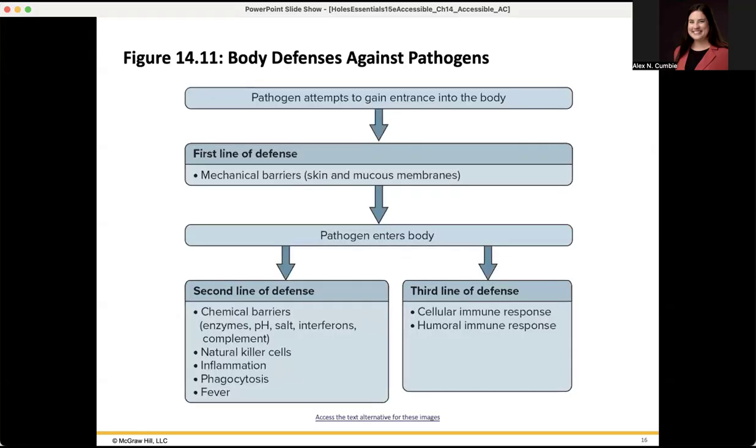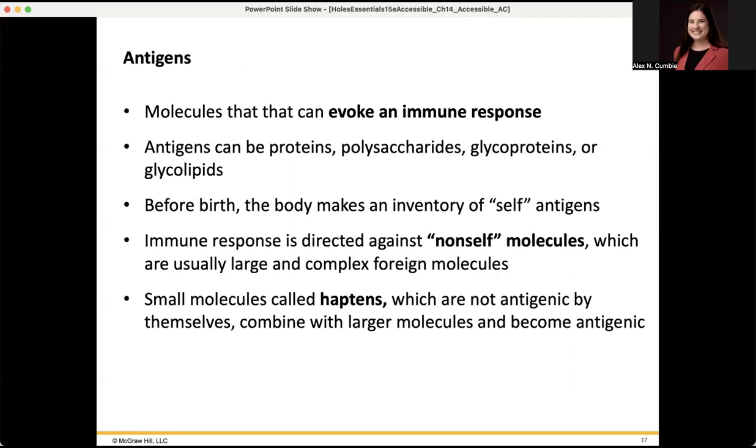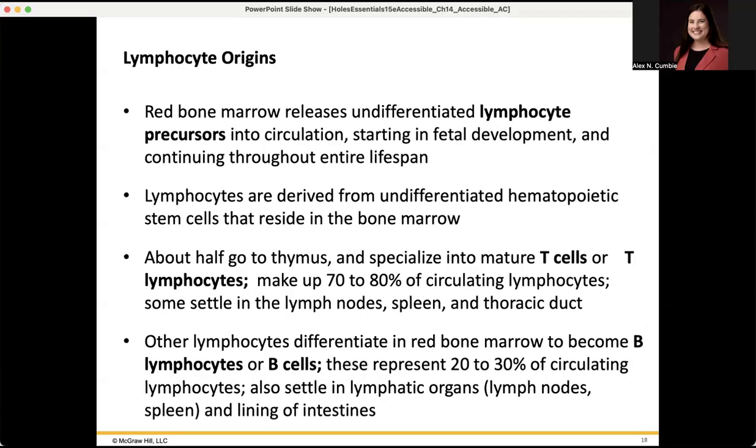So here's kind of that structure. This is a summary of what we've gone through so far. All right. And so we've got our antigens again, right? They're evoking an immune response. And so when we find that specific antigen, there are going to be cells, these lymphocytes, which are going to learn to recognize it.